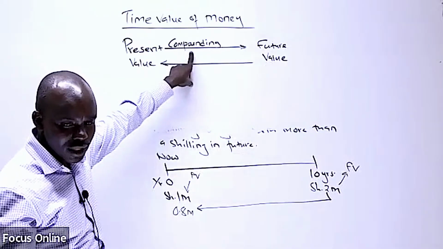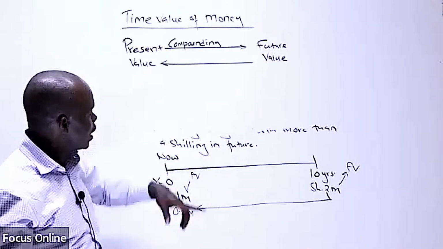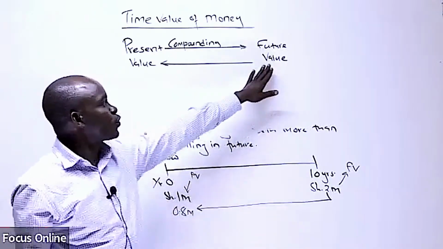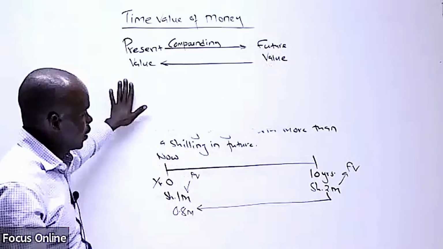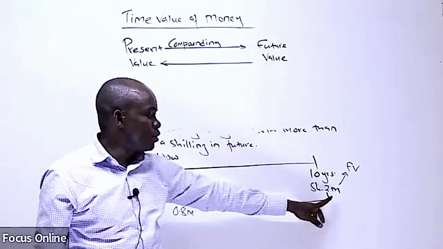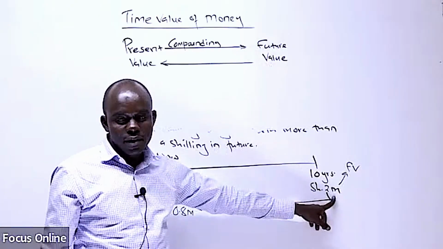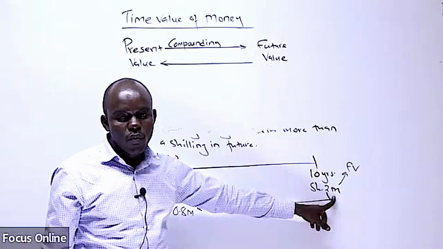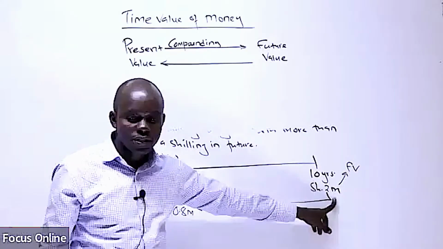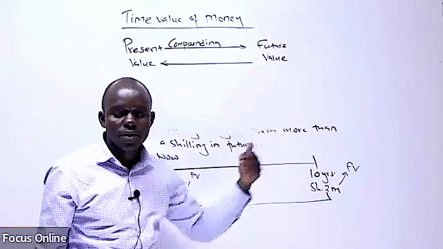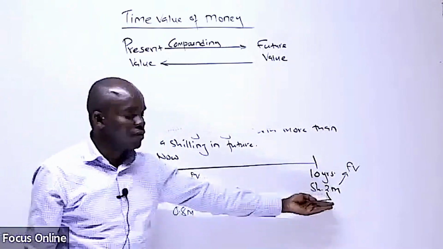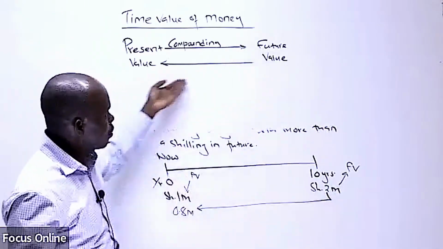That is compounding. The other one, we are moving from future value to present. Like in this case, you're being given 2 million shillings after 10 years. But we want to know what is the worth? What is the worth of 2 million shillings 10 years to come? What is the present value of this amount? So you go backwards.